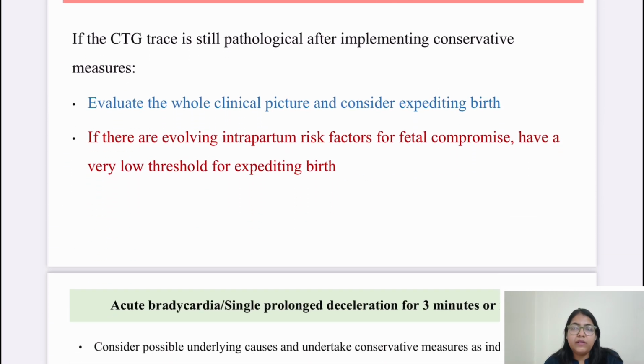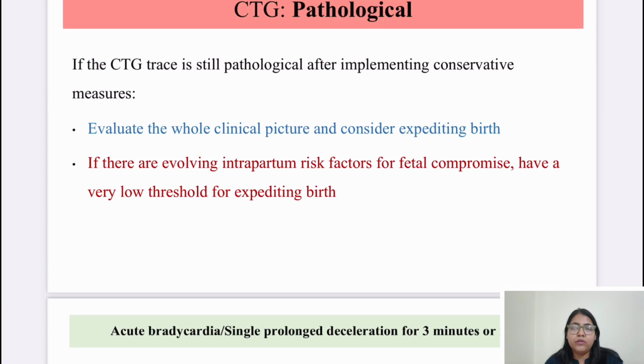Now you have taken conservative measures. Suppose any event was there and you took conservative measures for that event, then what will you do?